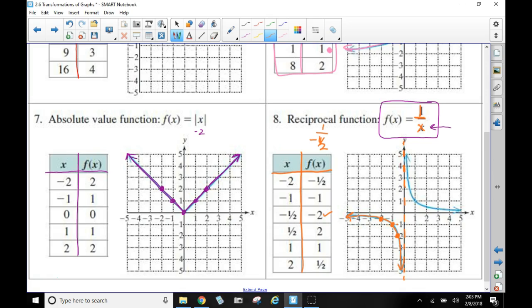And now let's focus on figuring some positive values for x. When x is 1/2, its reciprocal is 2. 1 over 1/2 is 2. Okay, when x is 1, 1's reciprocal is 1. When x is 2, 2's reciprocal is 1 over 2, or 1/2. So that's how we're going to get these other key points, this other curve. All right?